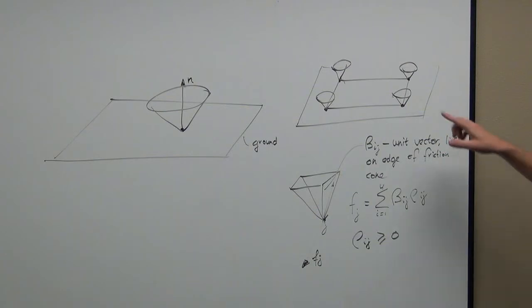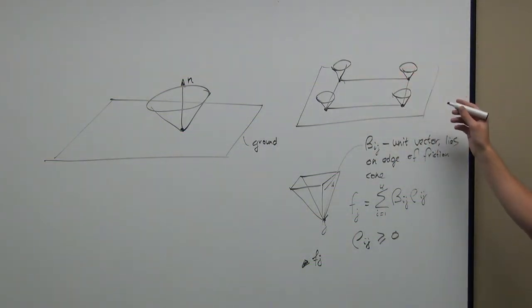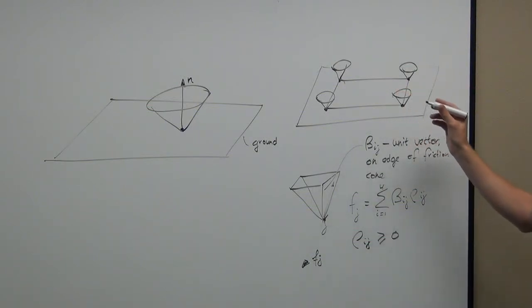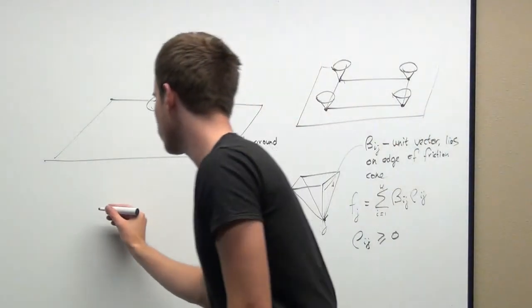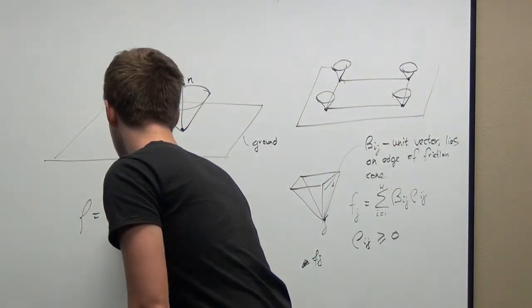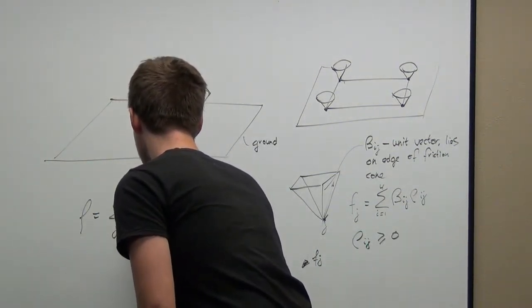All right, so that's forces. The sum of all forces exerted on all of the bodies, if you have a whole bunch of these contact points, is just a summation. So you get F equals the sum over j of Fj.